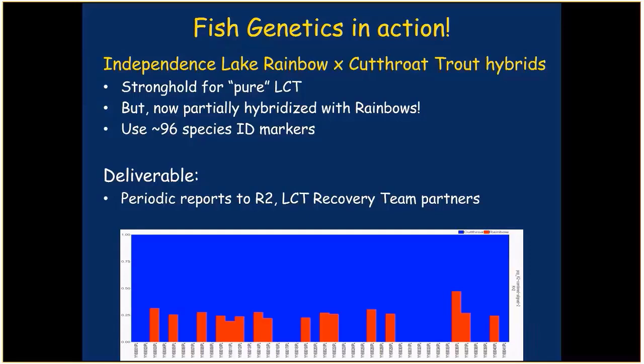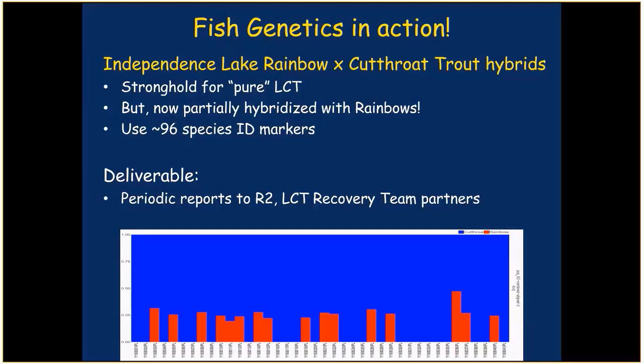LCT are federally listed as a threatened species, and there's a very active management, conservation, recovery group with a lot of different agency and NGO partners. In 2016, it was discovered through another project, a UC Davis project, that rainbow trout seem to have gone into Independence Lake and hybridized with our pure stronghold of LCT.